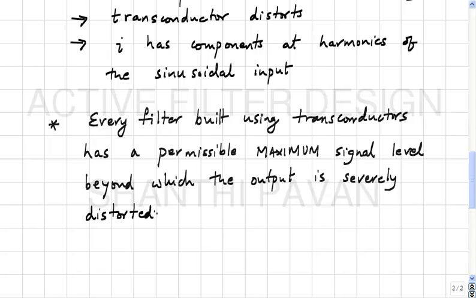So every active filter is associated with a maximum signal level. And as we will see going forward, this maximum signal level is related to the power supply voltage.